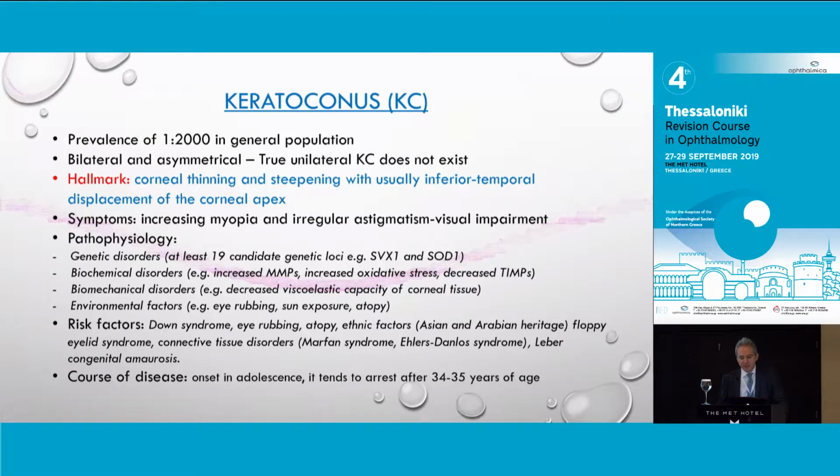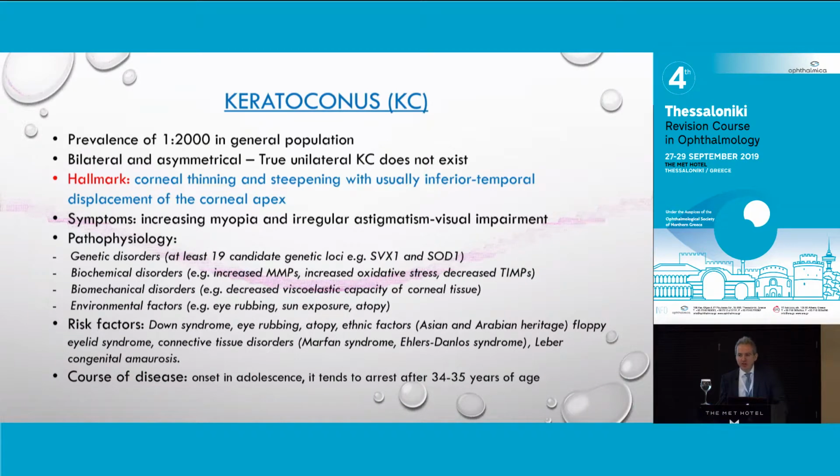There are a number of causes implicated in the pathophysiology of keratoconus, but we have evidence that it's basically a genetic disease, and all other associations are more or less clinical correlations, epiphenomena, and not diseases which actually have a pathophysiological connection with keratoconus.